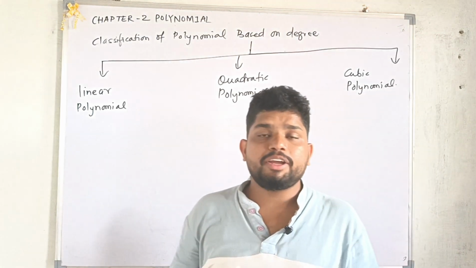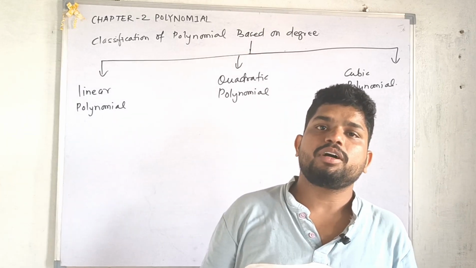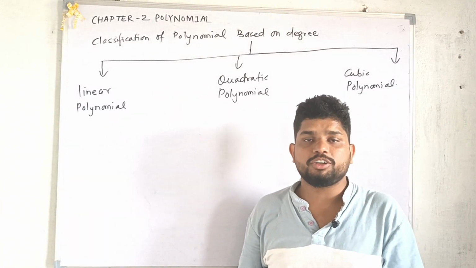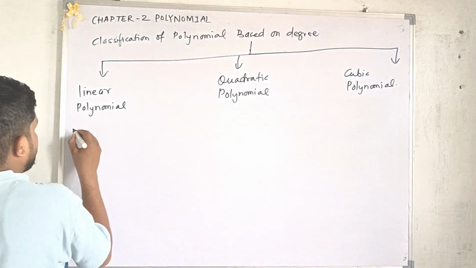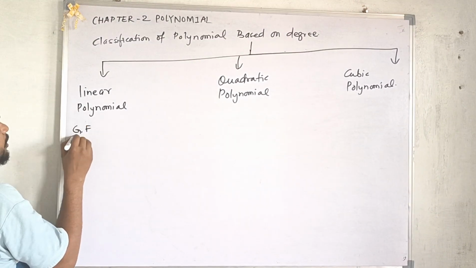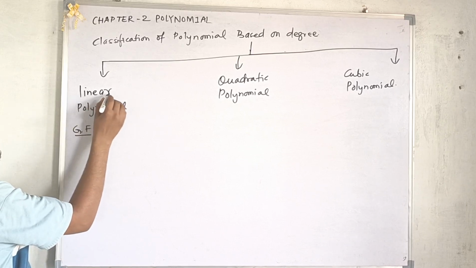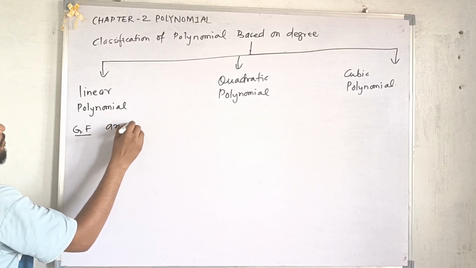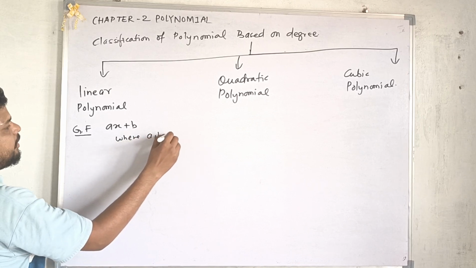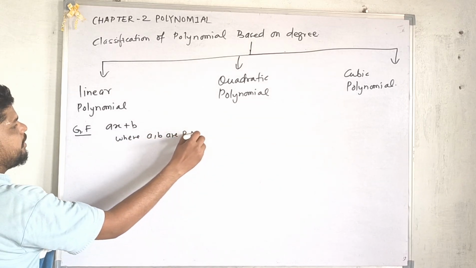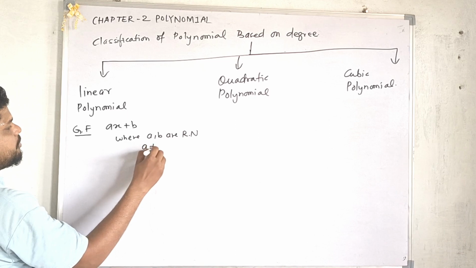One by one, let me tell you the general formula. The general formula for a linear polynomial is ax plus b, where a, b are real numbers and a is not equal to 0.